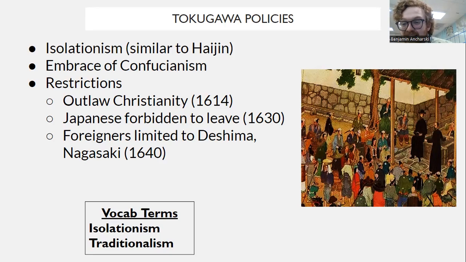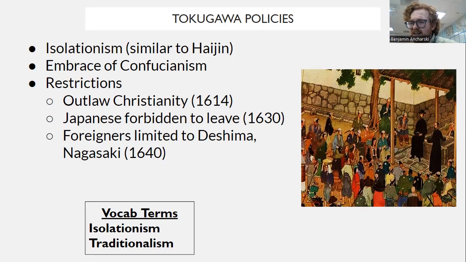Deshima is an island in the harbor of the city of Nagasaki. And this little tiny island is the only place Europeans and outside merchants can do business with Japan. So a heavy regulation of foreign presence in Japan. That's a big characterization of Japanese history, at least in this time period.